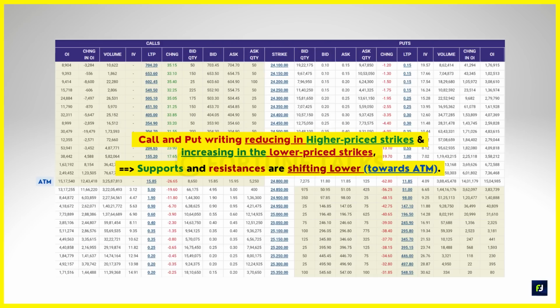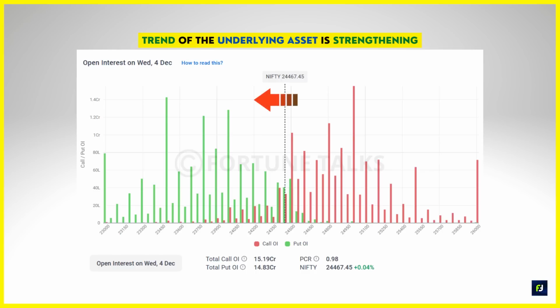On the other hand, if the call and put option writers are reducing their positioning in the higher price strikes and they are increasing their positioning in the lower price strikes, then it means the supports and resistances are both shifting lower. This gives an indication that the trend of the underlying is weakening.